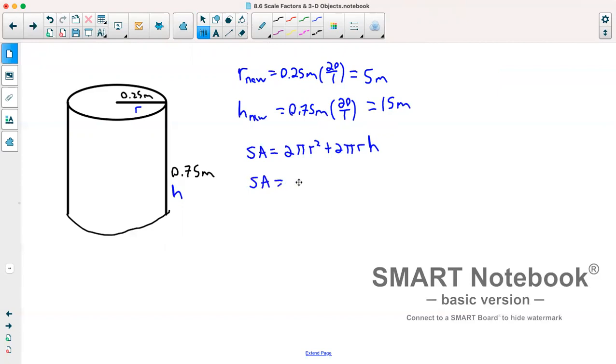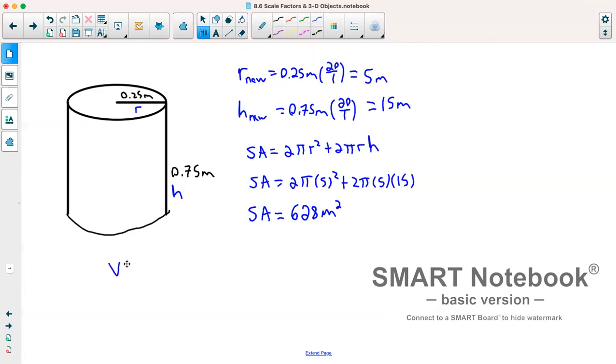So we have our surface area is 2 pi times 5 squared plus 2 pi times 5 times 15. And that gives us a surface area of 628 meters squared. So that's the area of the metal needed to create this.